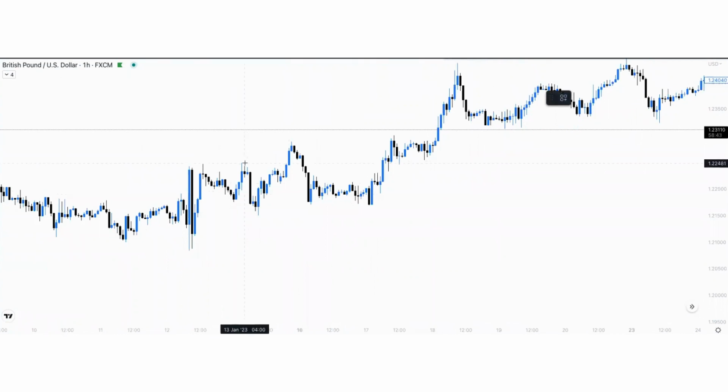So let me just take this one. As you can see, this is the high, and then giving us a low. So this is the high and low, and then break the structure, right?